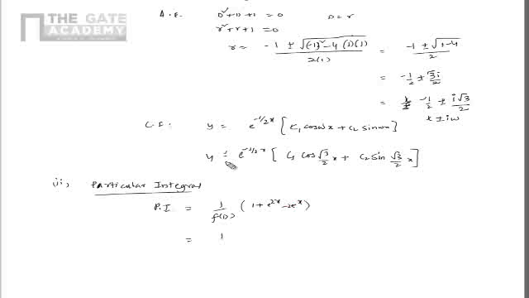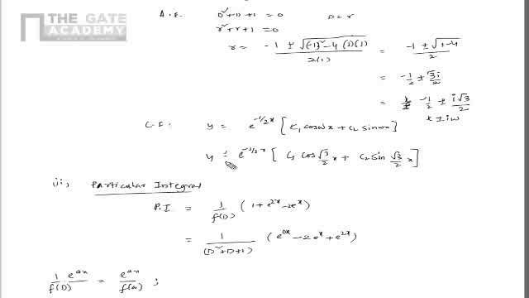And 1 by f(D) is nothing but 1 by D square plus D plus 1, and I can write 1 as e power 0x. The remaining I can arrange in this form. This is in the standard form: if you have 1 by f(D) of e power ax, you get e power ax by f(a).